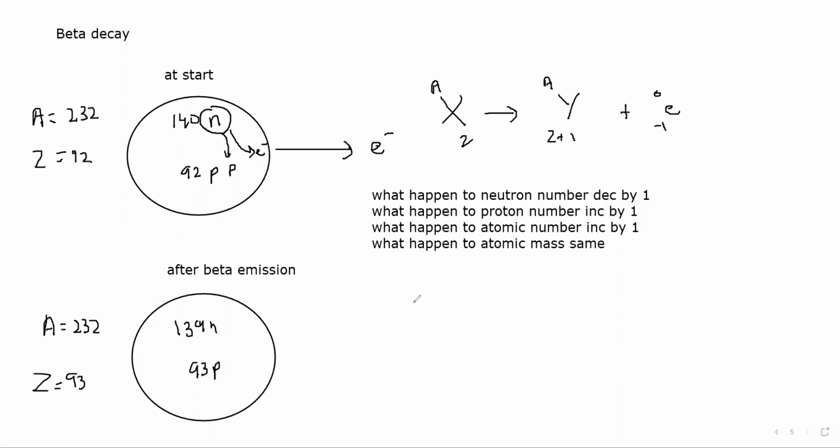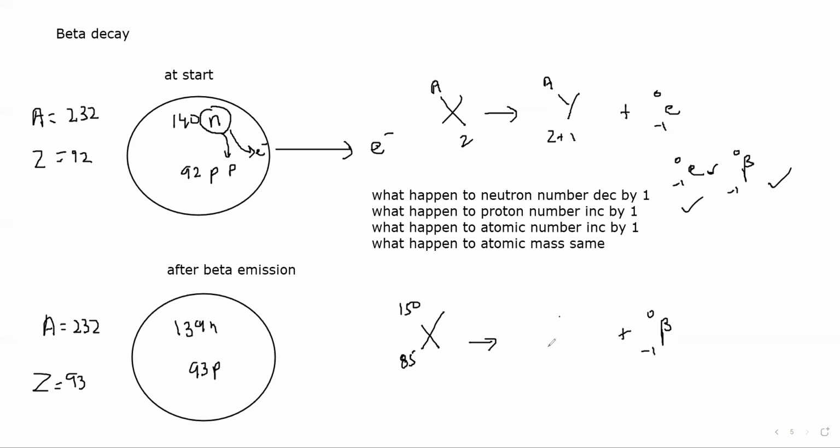So if I have an element X with 150 and 85, it emits beta. You can write this symbol either way, both are acceptable. You can write electron symbol like 0 and -1, or you can write beta 0 and -1. Both are correct.